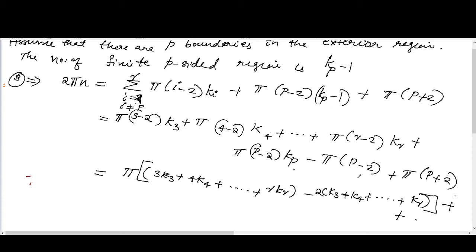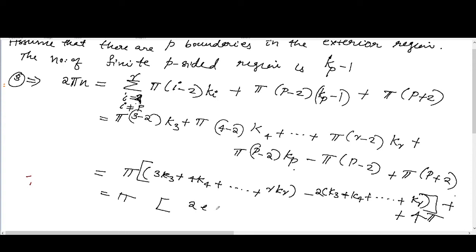Then minus pi p plus pi p cancelled. After that here we have a 4 pi: here plus 2 pi, then here plus 2 pi, that is 4 pi. Now this is pi into 3k3 plus 4k4 plus etc. plus rkr is 2e.